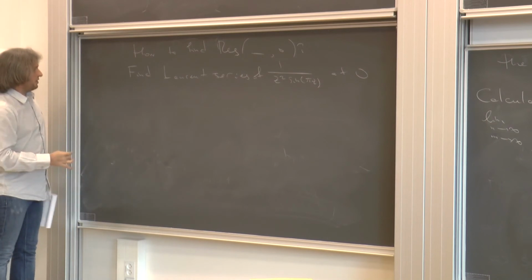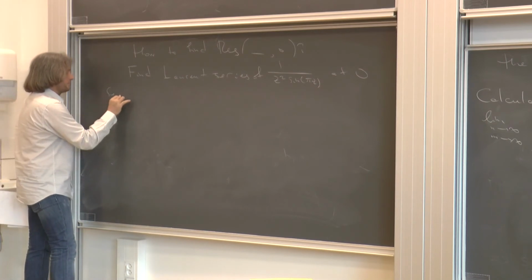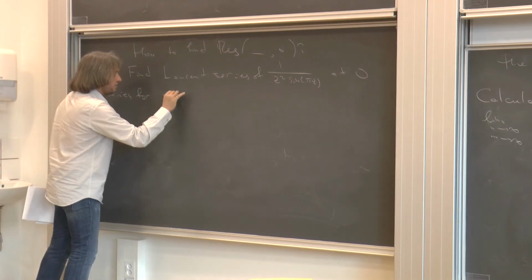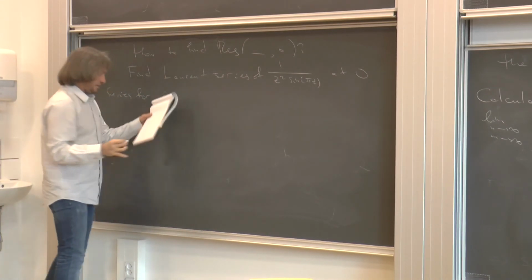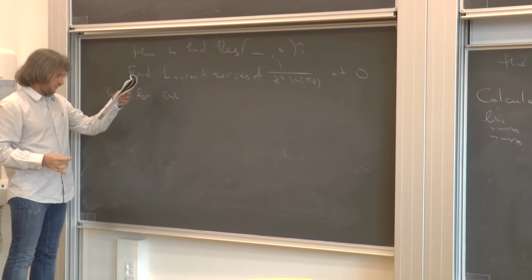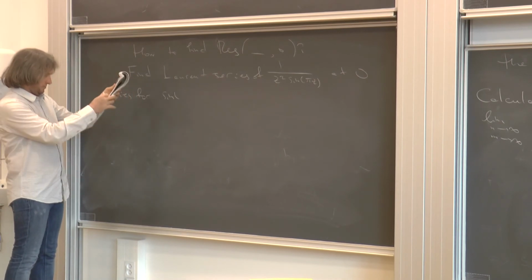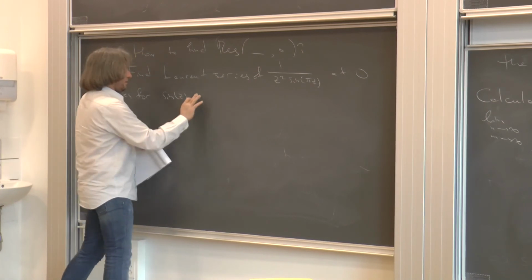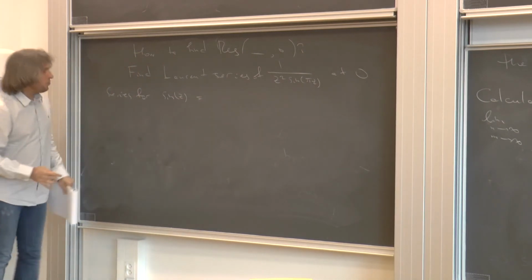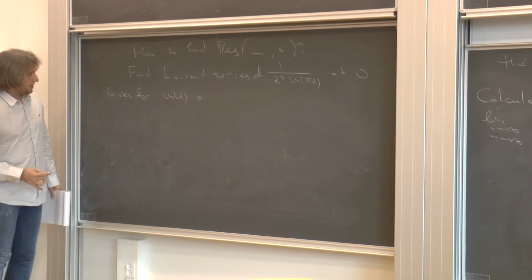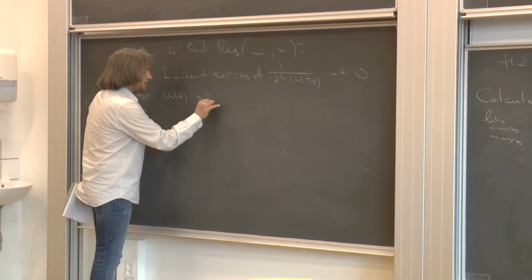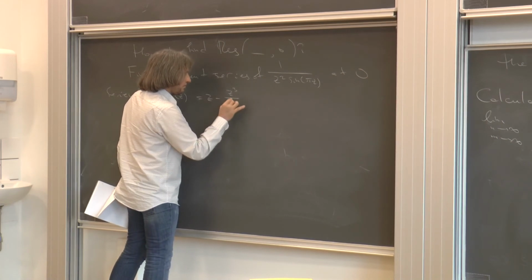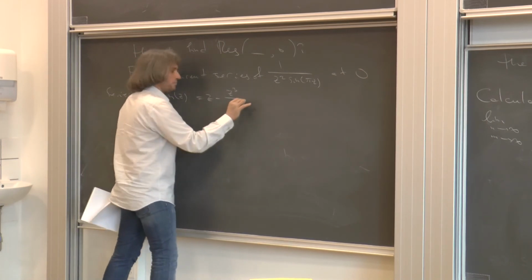So first of all, the series for sine of z. I need only the beginning. So sine of z starts from z minus z cubed over 3 factorial, so 6, plus so on.